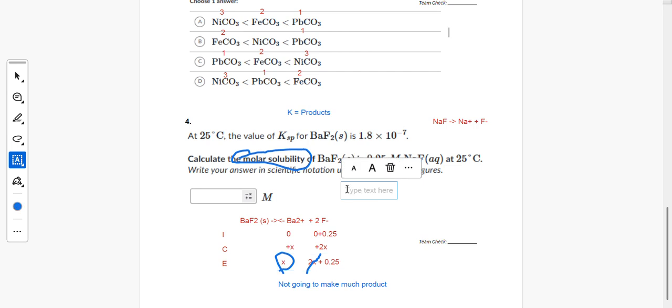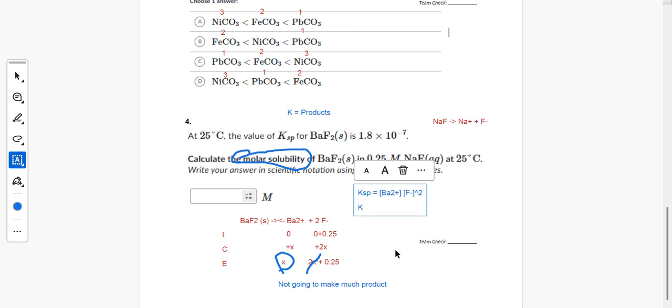So Ksp is equal to the concentration of the products, which is Ba2+ times F minus, but we need to make sure that that is raised to the power of 2 because it has a 2 coefficient.